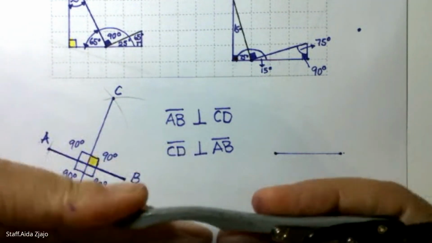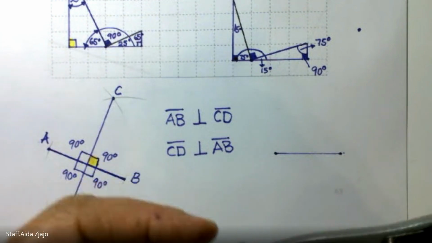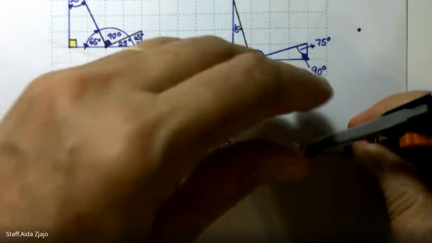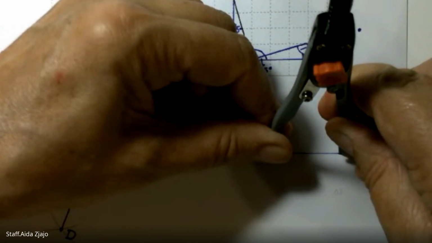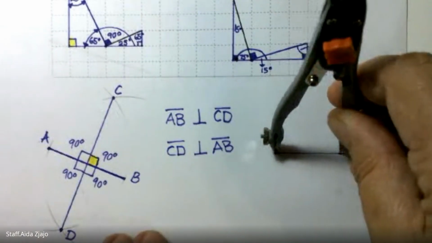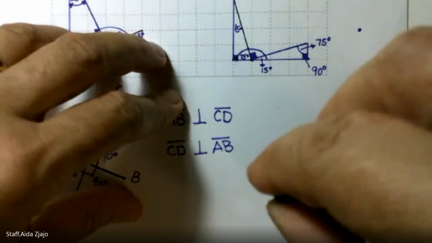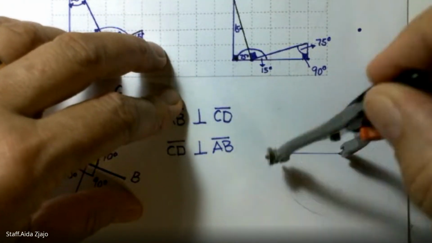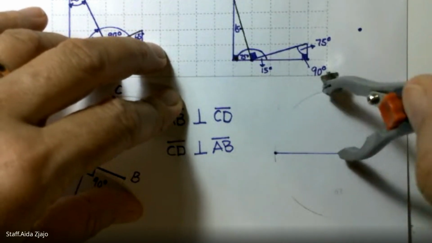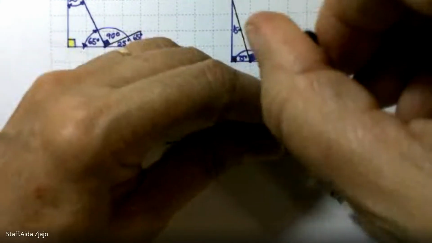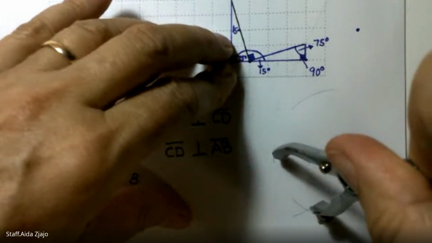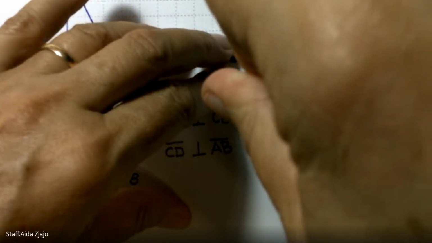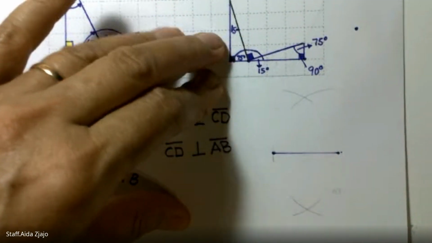I'm using my compass, and I am measuring how long that line is. It's about there. Now I'm making an arc below the line and above the line. Then I'm going to switch sides and make an arc again that will intersect the previous arc.